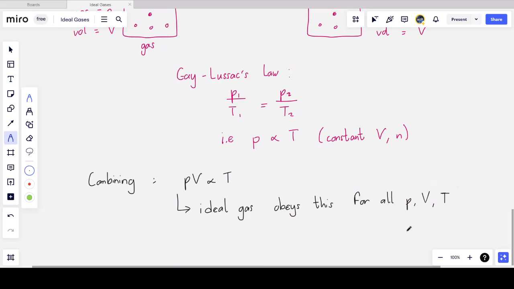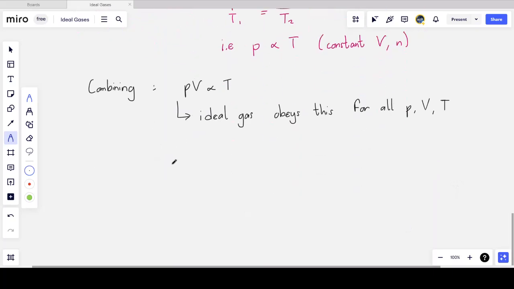And if you look at the definition of an ideal gas, that's what you'll get. PV is proportional to T, which means that PV is equal to nRT. Okay, and this is called the equation of state, or the ideal gas equation. So this is what we are trying to sort of derive. So going from a proportionality to an equation required us to add a constant, and that constant is the number of moles. So sometimes called the ideal gas equation.